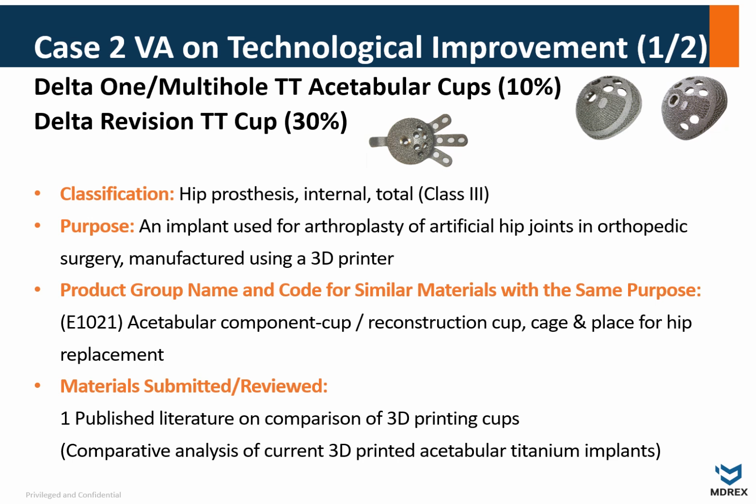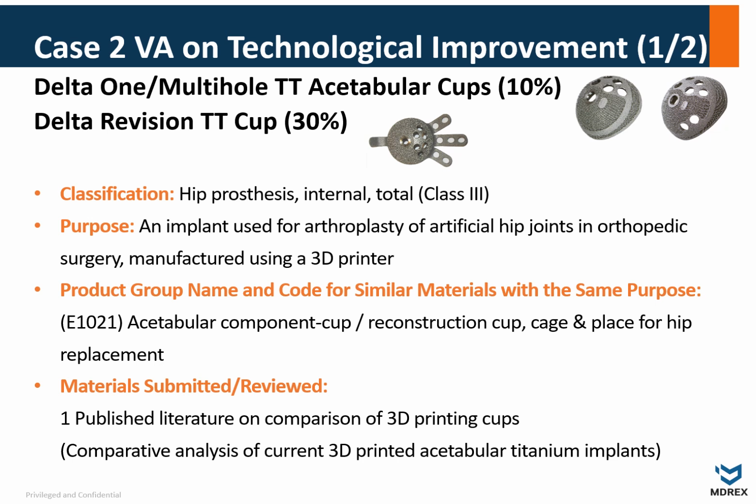The second case is implants used for arthroplasty of artificial hip joint in orthopedic surgery, manufactured using a 3D printer. Those products were in the acetabular component groups in the medical material list and passed VA through technological improvement evaluation in 2020.